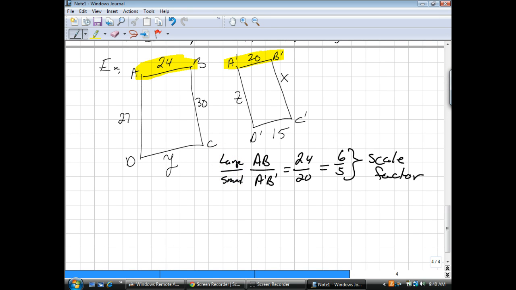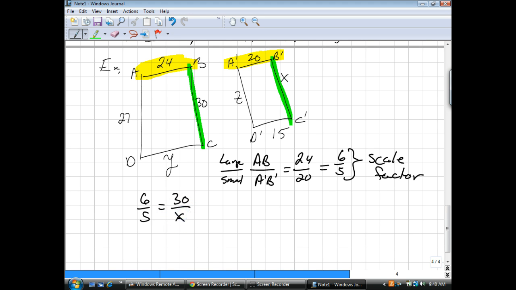Okay, so I use my scale factor 6 to 5, and then on the large side, the side that corresponds to x is BC. Okay, so I write a ratio of the corresponding sides, so 30 to x.